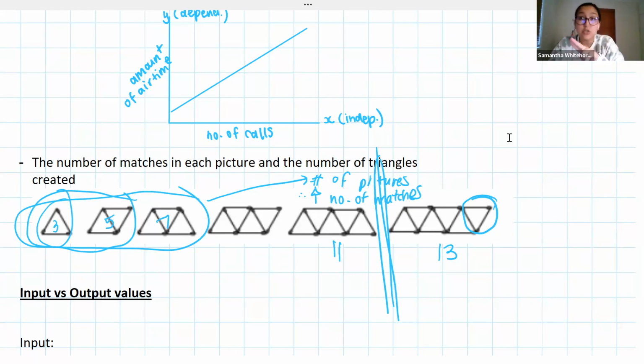So yes, it's only 2 extra, but I still need more matches than what I needed for the 5th picture in order to build the 6th picture. So I completely understand where the thinking is of saying less. I completely get it. But just think about the fact that because we're adding on, we're going to need more each time. All right. Like I said, I completely am on the same wavelength as you. I get it. But because we're adding, we're going to have more. And Andelia has a very nicely identified already what that relationship is. Well done, Andelia.